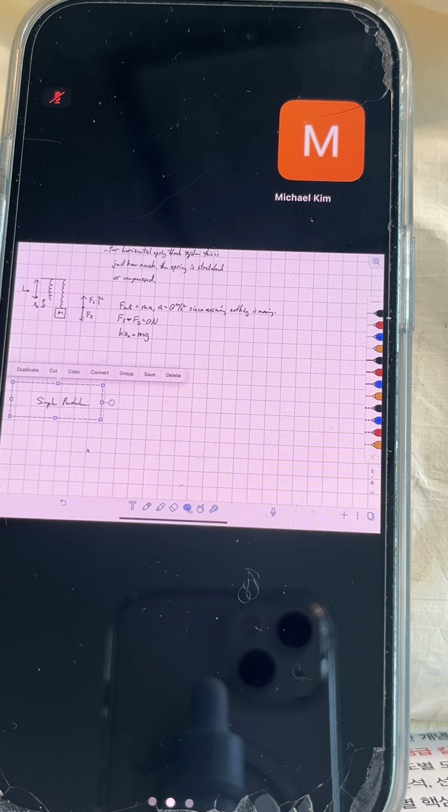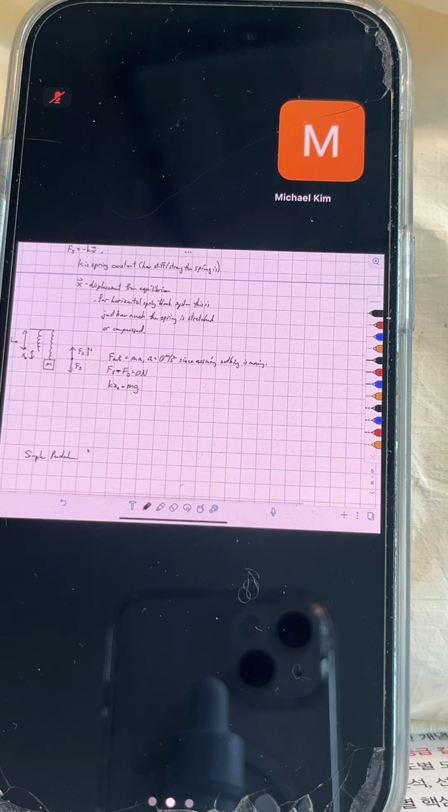And so one of the key things we said was that for a spring block system, if we look at the period, this was 2 pi root m over k. And again, for all of these, we said period is the time for one full oscillation.